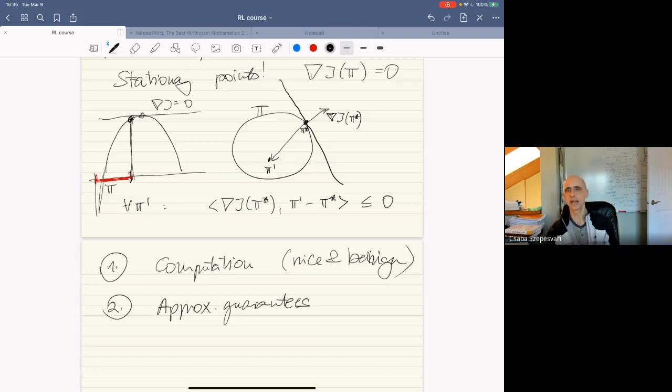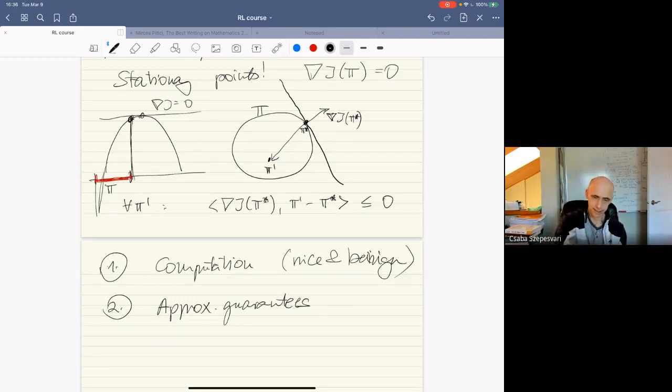What would be an algorithm that comes to mind to perform this computation? Gradient ascent, yay, thank you.